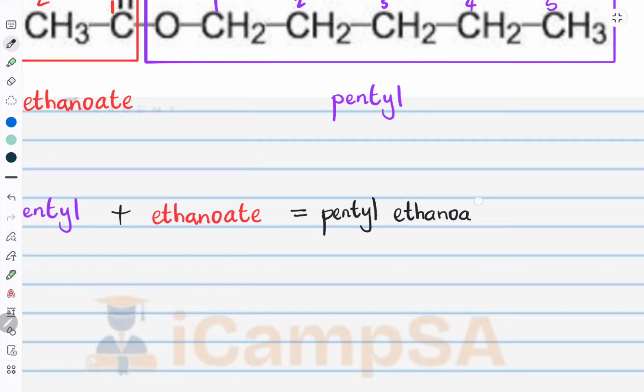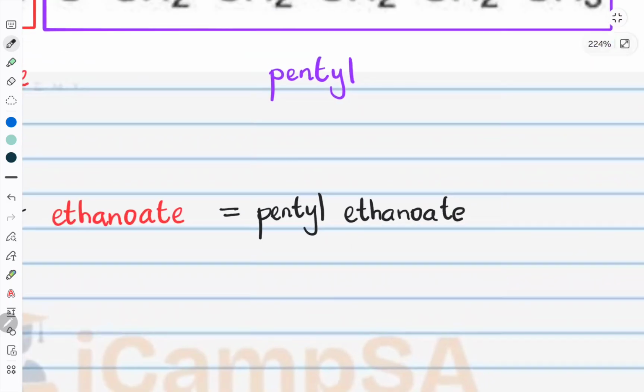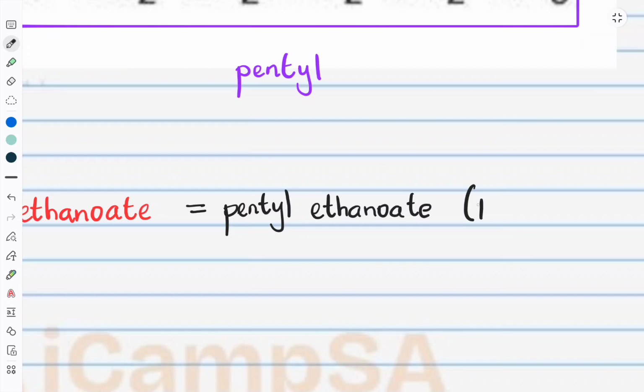We always start the IUPAC name with the alcohol portion followed by the carboxylic acid portion. So this is our final IUPAC name.